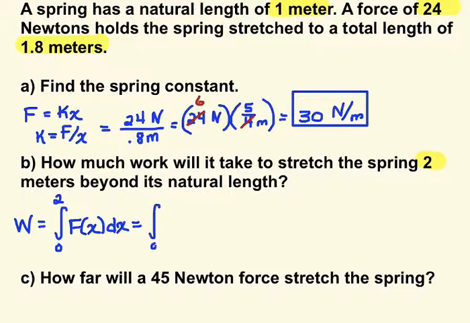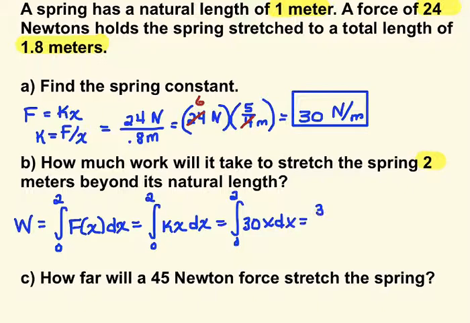So you go from 0 to 2, and f of x is equal to k, the spring constant, times x. That's the force, and dx is how far we stretch it. We happen to know that k is 30, so it's 30 x dx.